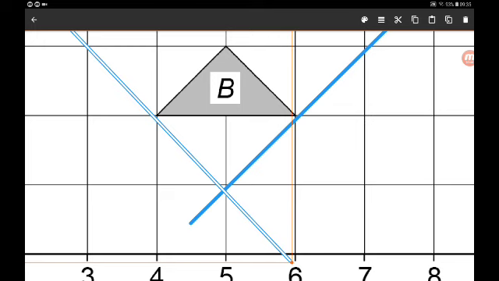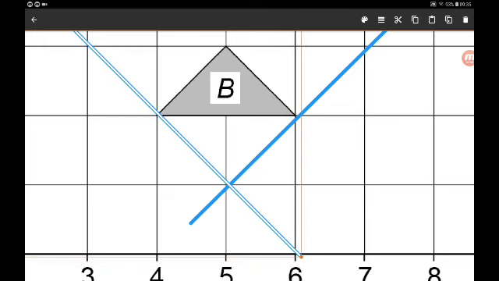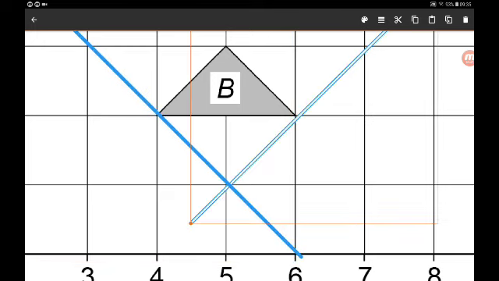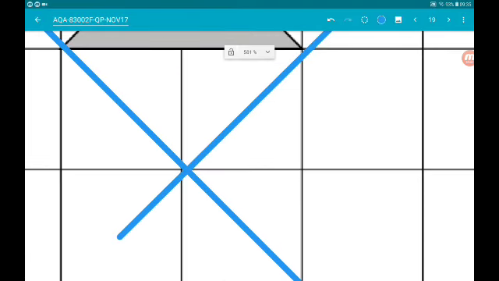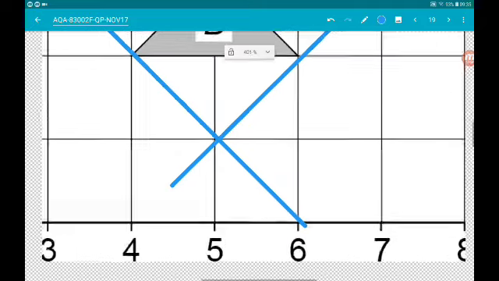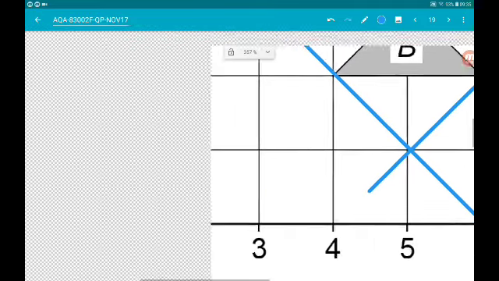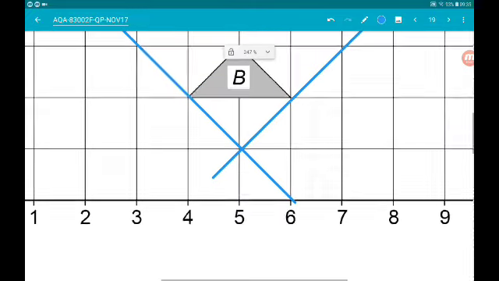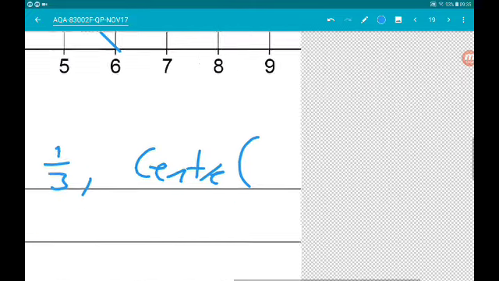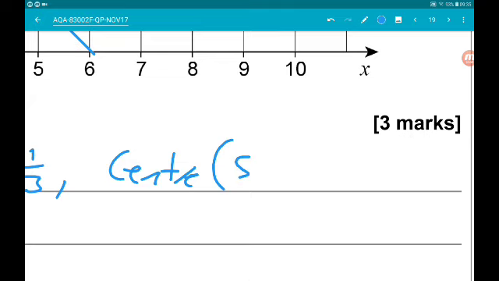Okay, so we can see then that these 2 lines want to meet at this point here. Now this point has coordinates 5, 1. So that is our centre of enlargement. Cool.